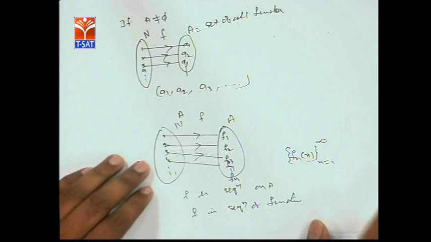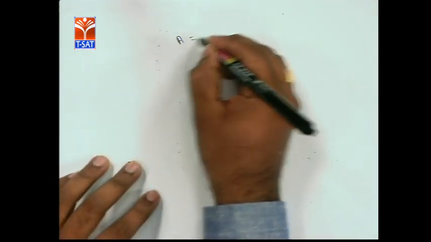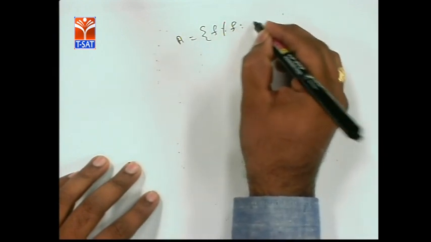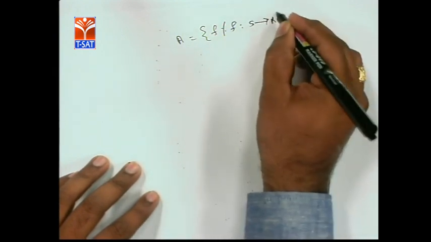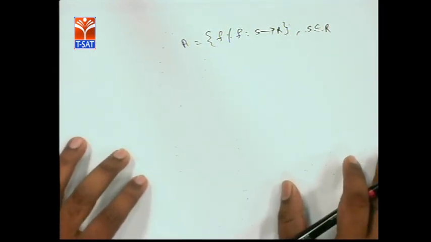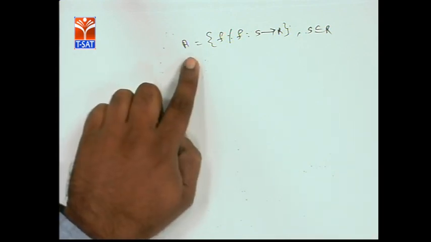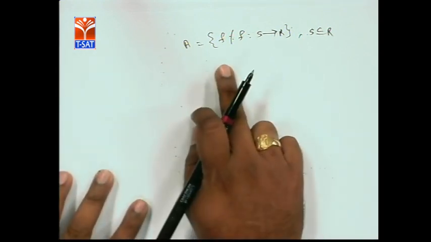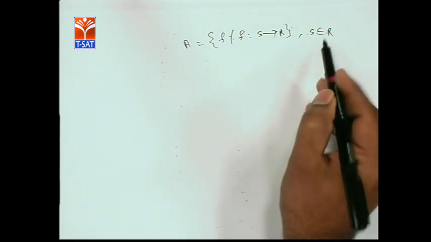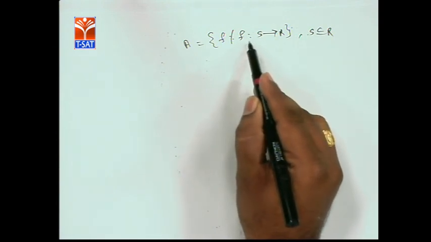Suppose A is the set of all functions f from S to R, where S is a subset of R. This f is a real valued function.